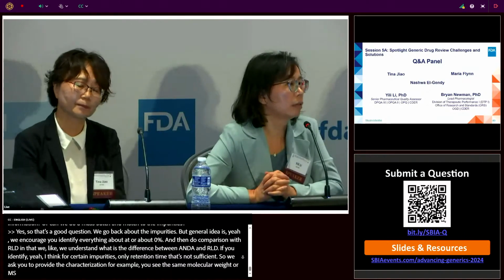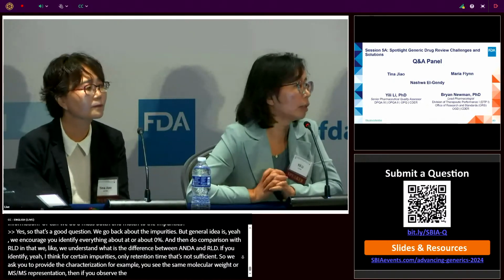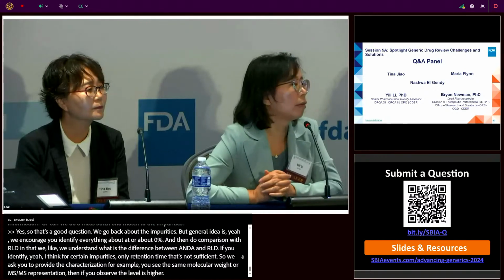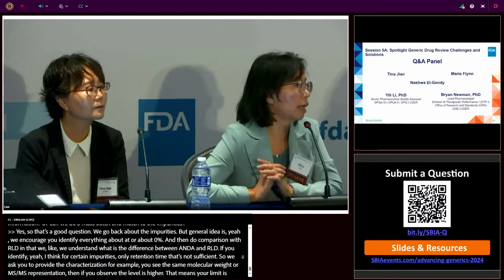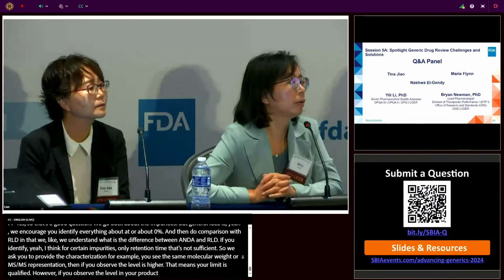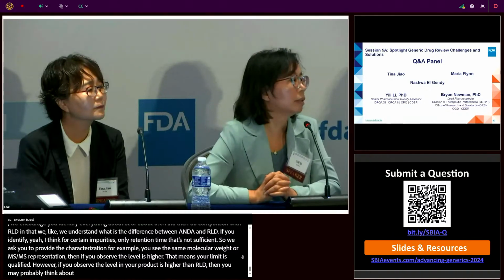Then if you observe the RLD level is higher than your ANDA product, that means your impurity is qualified. However, if you observe the level in your product is higher than the RLD, then you may need to think about immunogenicity mitigation. Thank you.